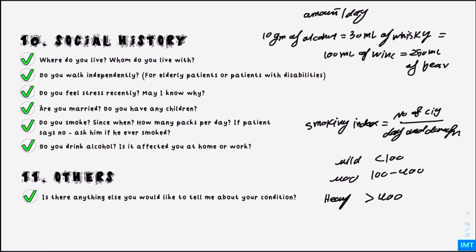Okay, for example, a male consuming 21 units per week and a female consuming more than 14 units per week. That's just an example. Okay.